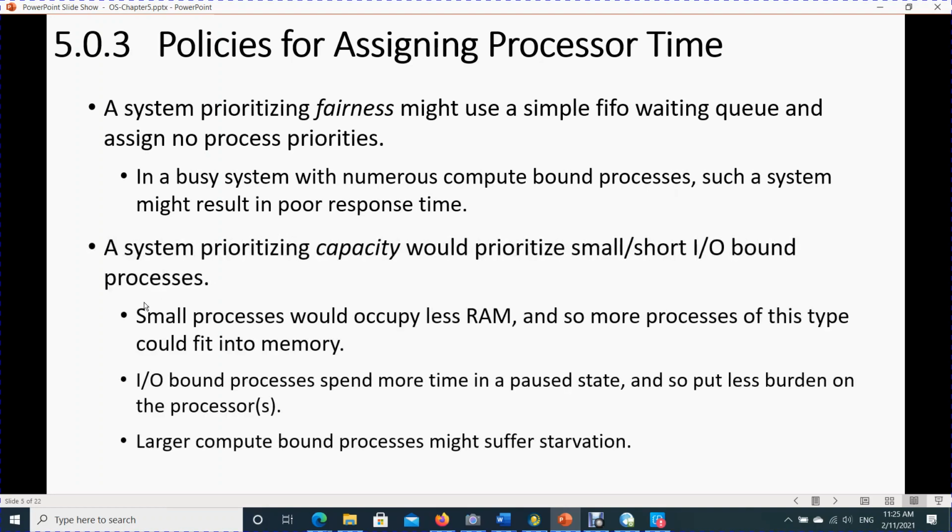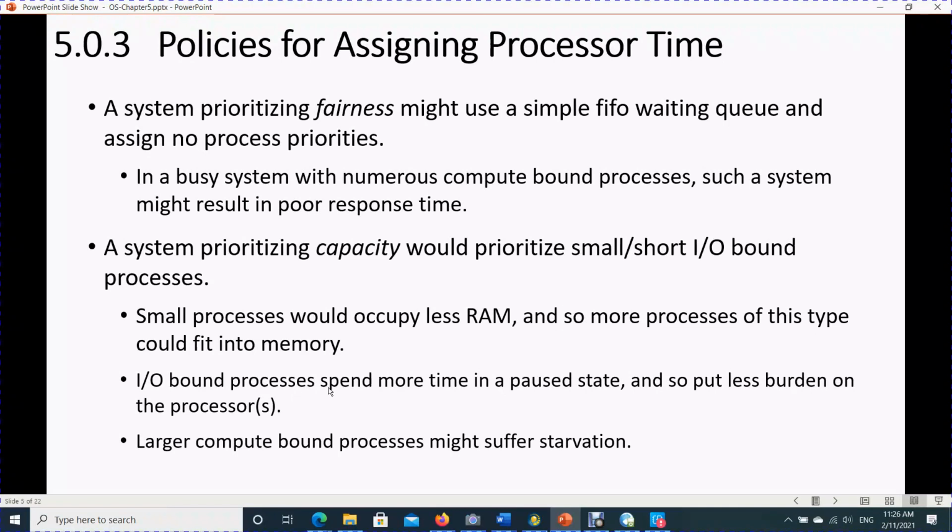A system prioritizing capacity would prioritize small processes and I/O-bound processes. Small processes occupy less RAM, and so you can put more of this kind of processes into memory at once.